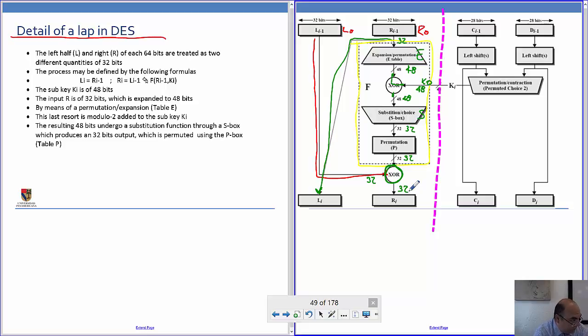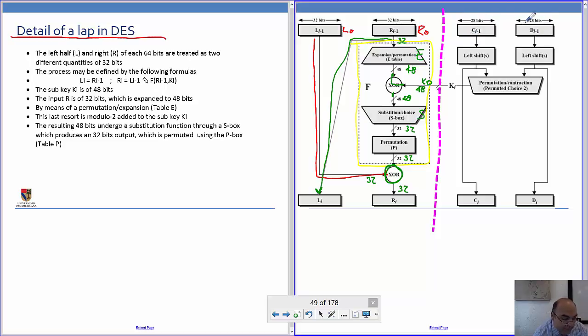This is not the beginning of the key subkey generation, but look, we have two halves. A 28-bit half; instead of calling it the left side of the key, we call it C, because if not, we can get confused with this L. Okay, so this is, in fact, the left side of the key, and this is the right side of the key.